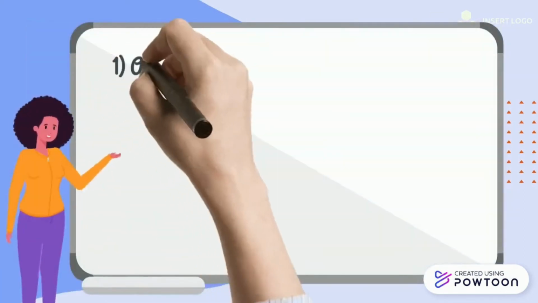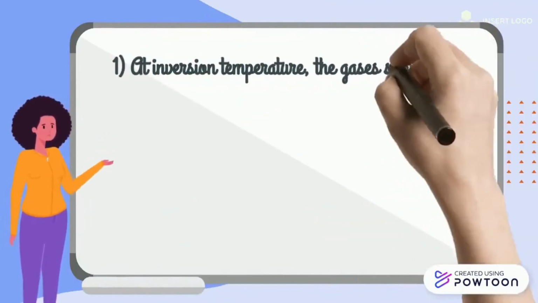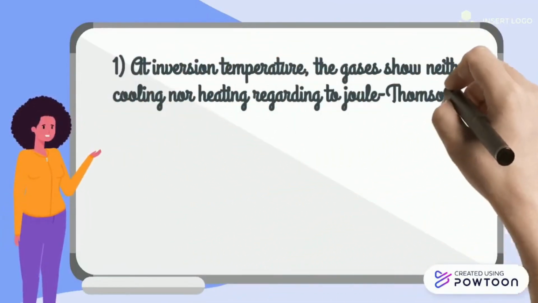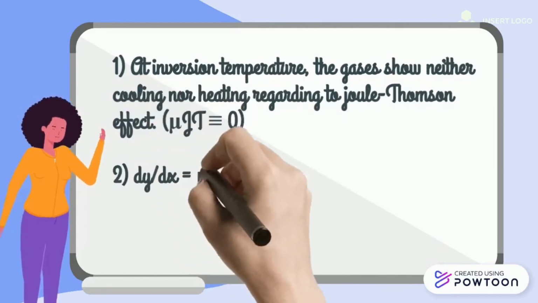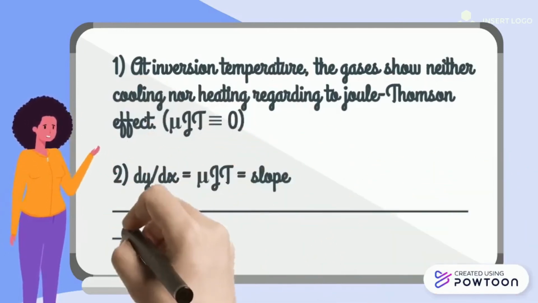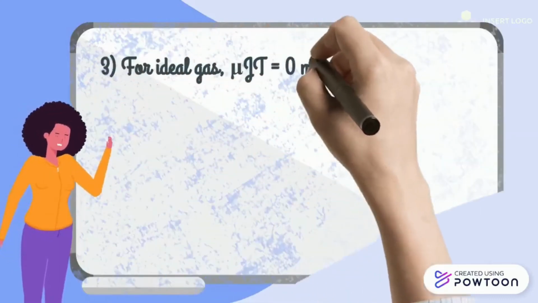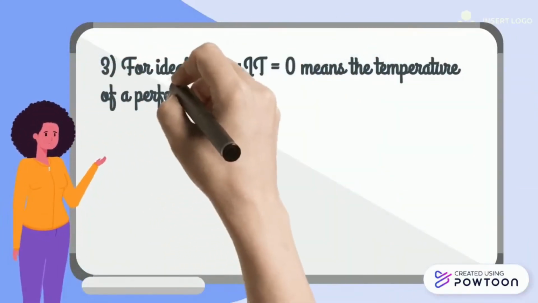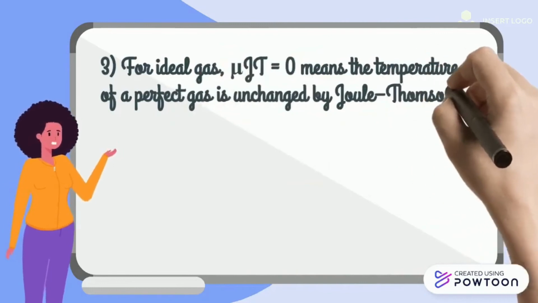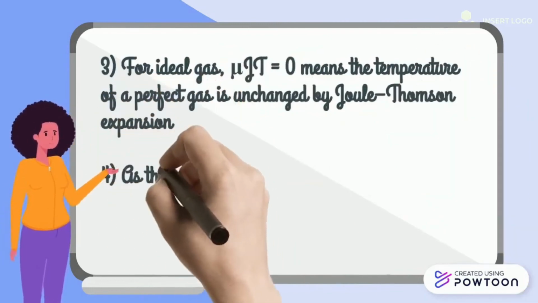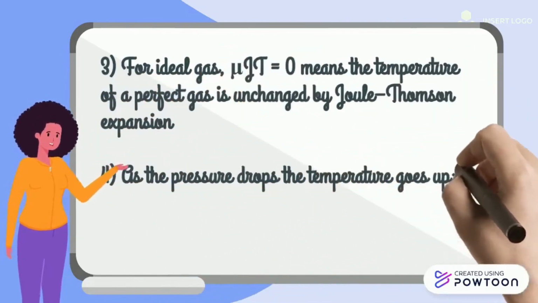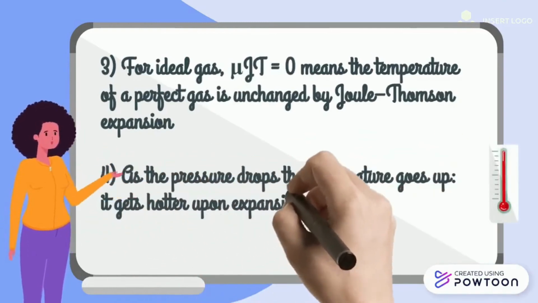There is no cooling or heating process at the inversion temperature, where mu JT equals 0. Next, the slope of the T-P graph is equal to mu JT. Mu JT equals 0 for an ideal gas, which means that the temperature of a perfect gas is unchanged by JT expansion. As the pressure drops, the temperature goes up and it will get hotter upon expansion.